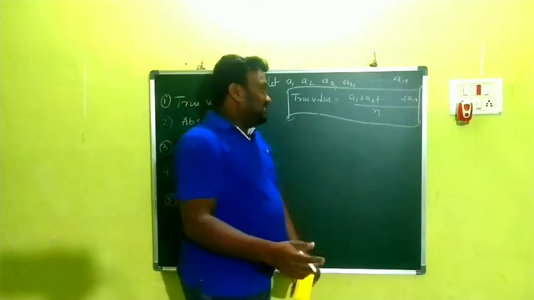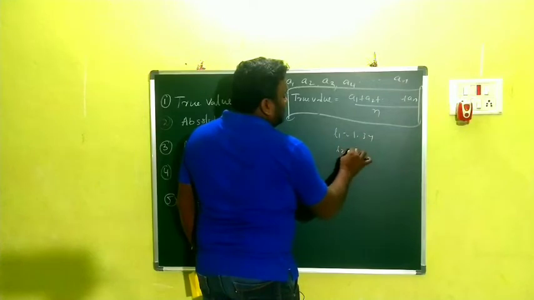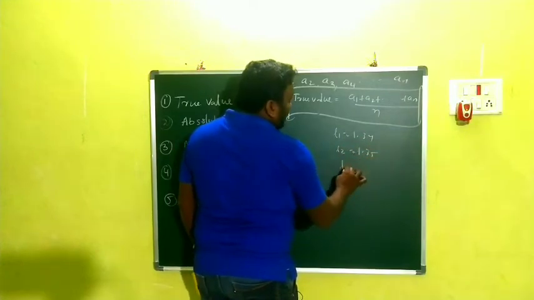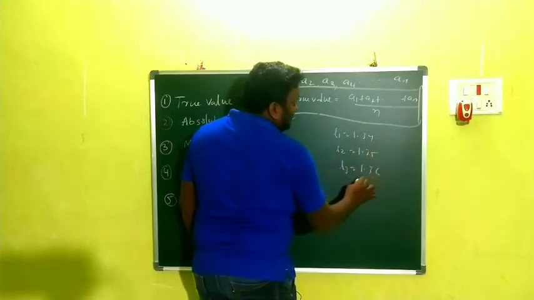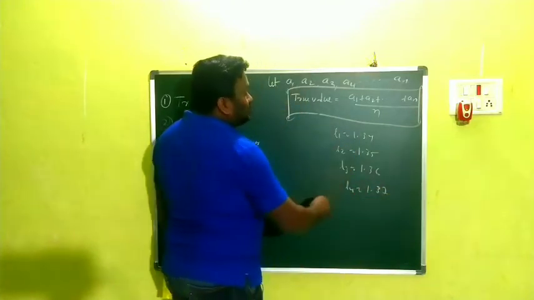For example, in the previous example, L1 equals 1.34, L2 equals 1.35, L3 equals 1.36 and L4 equals 1.37. Then what is the true value?